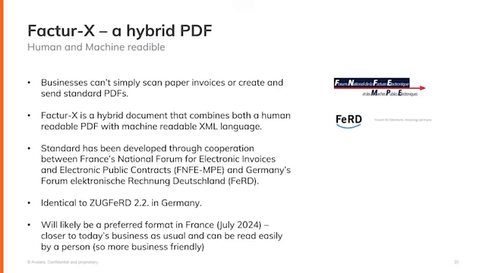And I think, a great example of where we may see e-invoicing move in the future, this hybrid model looking at something that can be read and interpreted equally by a machine and a human. And it's probably as close to business as usual as you can get.